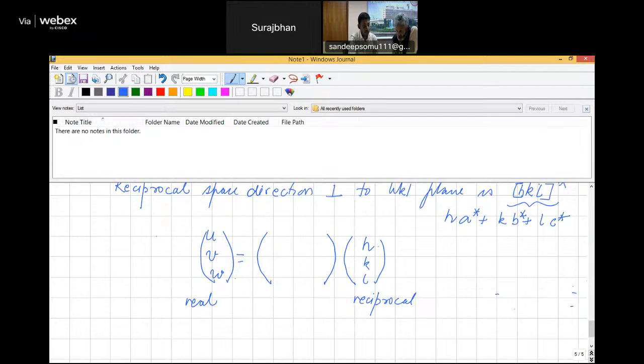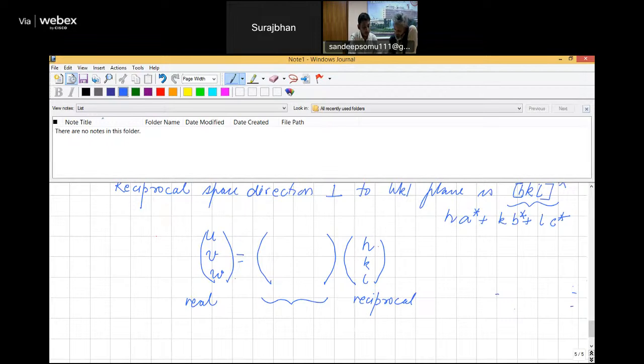So it's actually just a sort of coordinate transformation. But the usual coordinate transformation is from one coordinate in real to another coordinate in real, or one in reciprocal to another in reciprocal. Here we have a little bit more dramatic matrix, which will transform a vector from reciprocal space to real space. So these are components of the same vector in reciprocal and real.